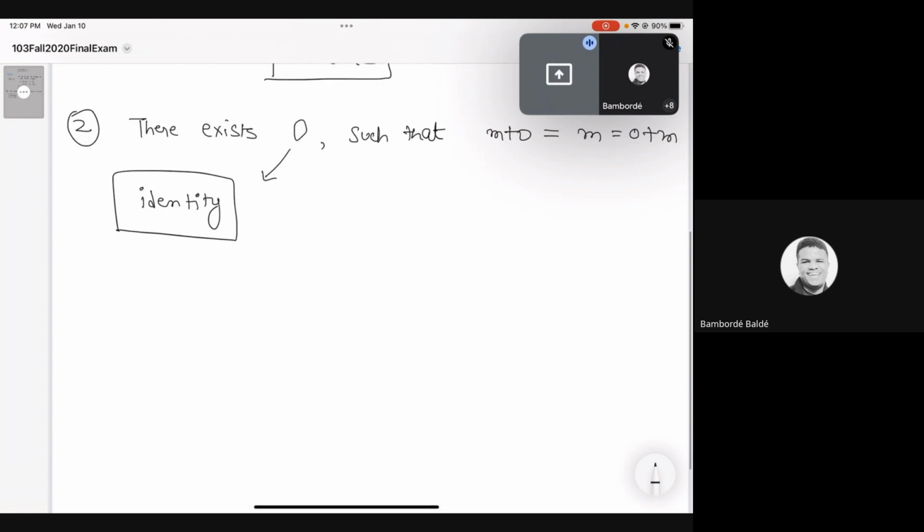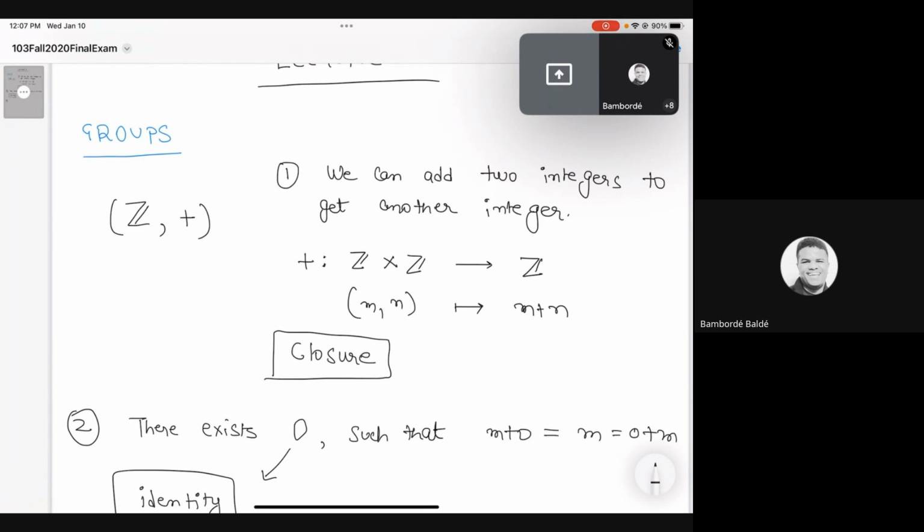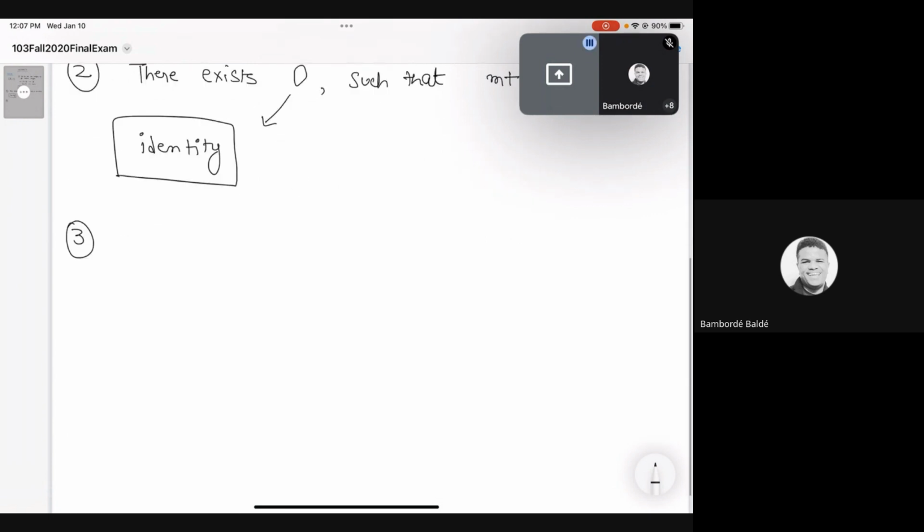The third thing is, if I give you any number, let's say 1, corresponding to that there is another element such that when you add those two things, you get back 0. For example, for an integer m, there exists something called minus m, such that m plus minus m gives you 0.